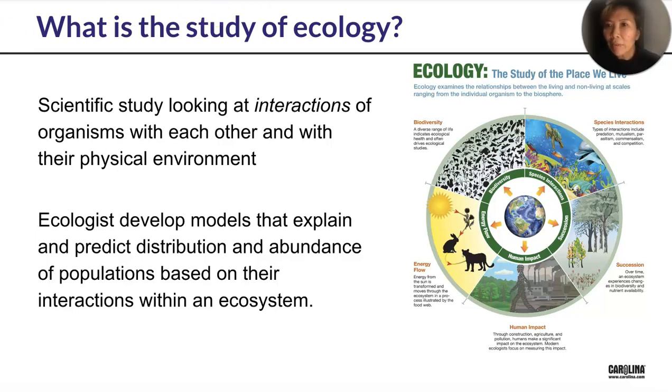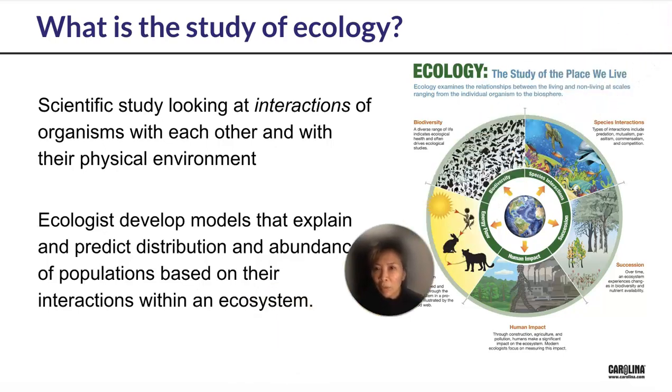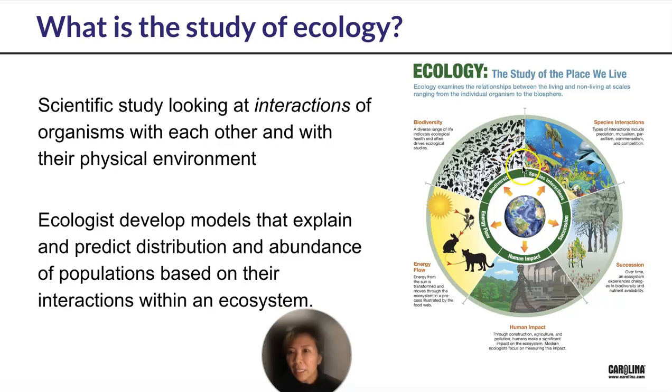Here we have an image that looks at the study of where we live. In addition to seeing the interaction, we might see how biodiverse that area is, how different species interact with each other, how different species are able to populate, and what the human impact is, because we actually have a lot of impact on our environment.